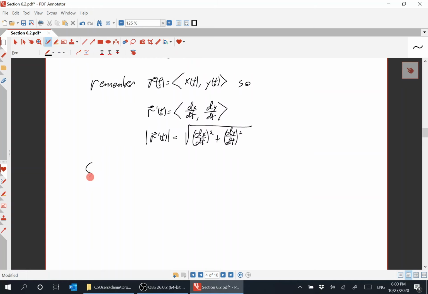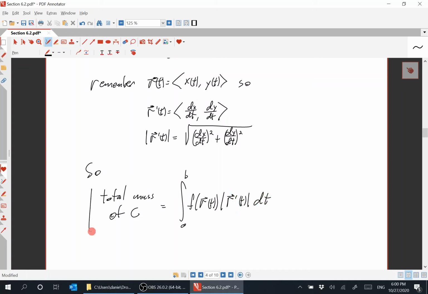So the total mass of C is equal to the integral from a to b of f of r of t times the length of r prime of t dt.